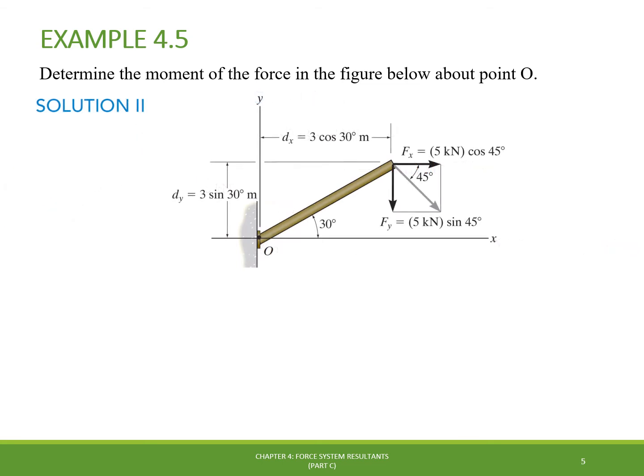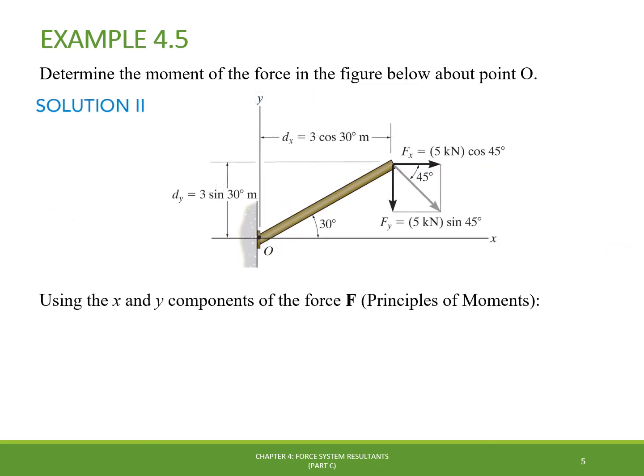The second way we can solve this problem is through the application of the principle of moments, in which we have to take the x and y components of the force and the x and y coordinates of the point of application of the force. Then we have to apply the scalar notation of the principle of moments shown in slide number 2. It's important to note that both components of the force act to create a moment rotating clockwise.